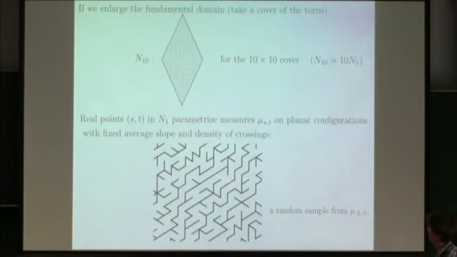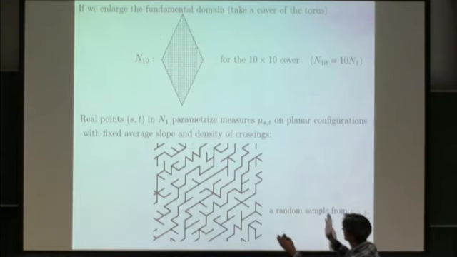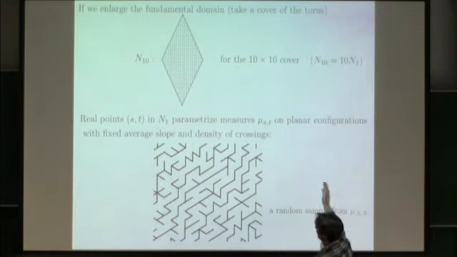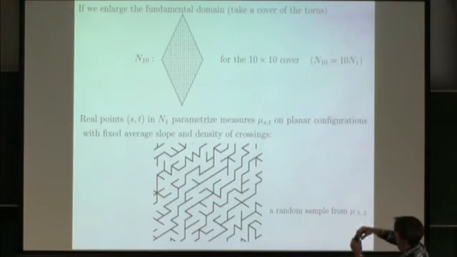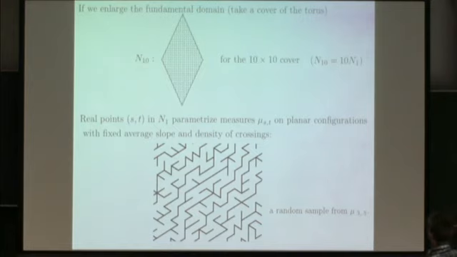This is a triangular graph configuration, but this is, for example, a random sample from one of these measures. So you can see I'm just showing part of it, of course, but you should think of this as part of a configuration on the whole plane where my trees are now these long, thin objects which have a particular slope. In this case, going off in direction 0.3, 0.5, and a particular density.